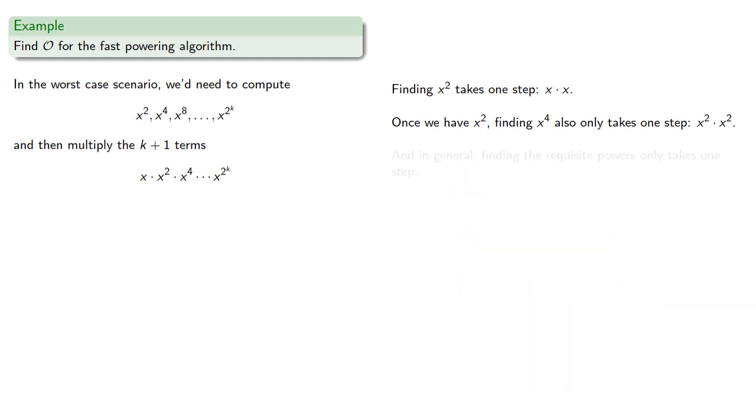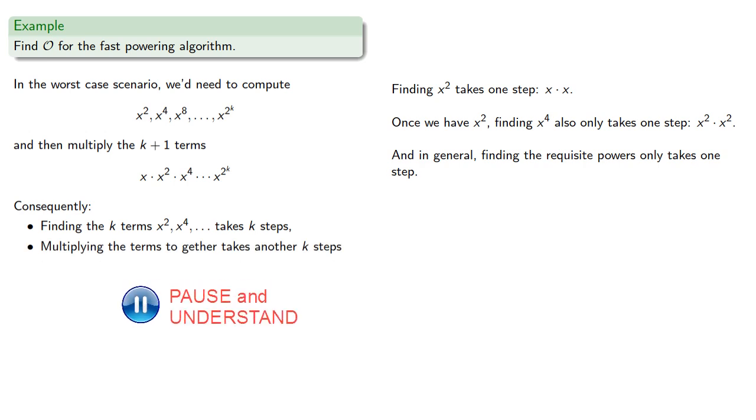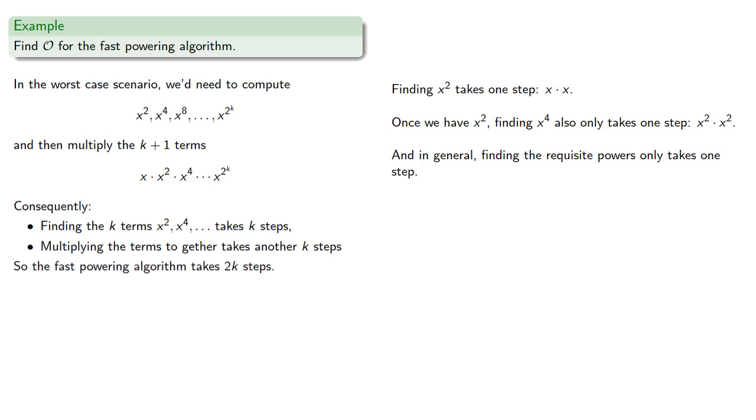And in general, finding the requisite powers only takes one step. So finding these powers takes k steps, and then multiplying them all together takes another k steps. So the fast powering algorithm takes 2k steps, where k is, well, let's figure that out.